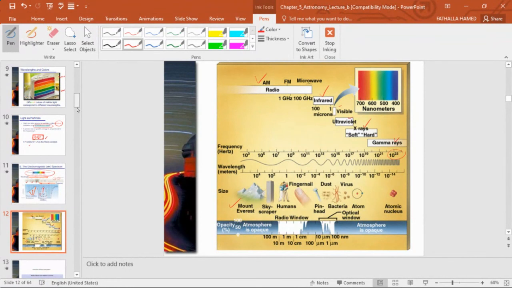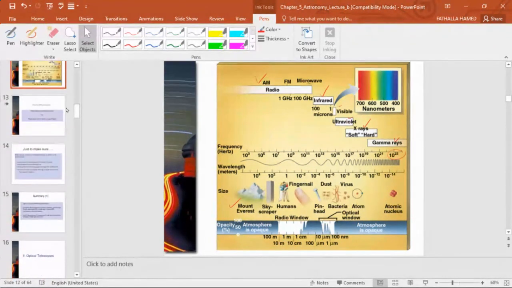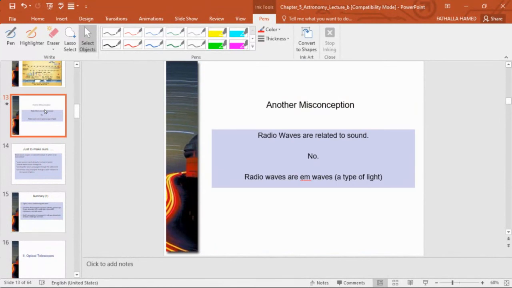So I spent some time here to tell you about electromagnetic radiation. I just wanted to make clear what we mean by electromagnetic waves. And I want you to know that light is basically an electromagnetic wave, and it only has a small range in this electromagnetic spectrum.